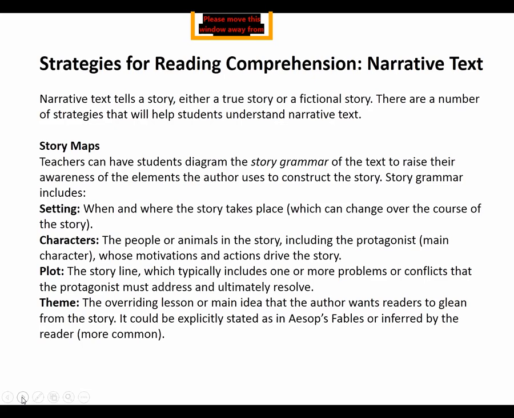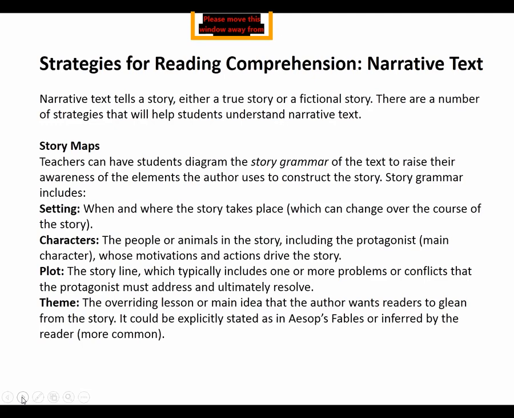The people or the animals in the story include the protagonist, the main character, whose motivations and actions drive the story. Then the plot, the storyline, which typically includes one or more problems or conflicts that the protagonist must address and ultimately resolve. Okay, so plot basically means the main storyline, or the problems or the solutions, the conflicts, whatever important thing is in the text.